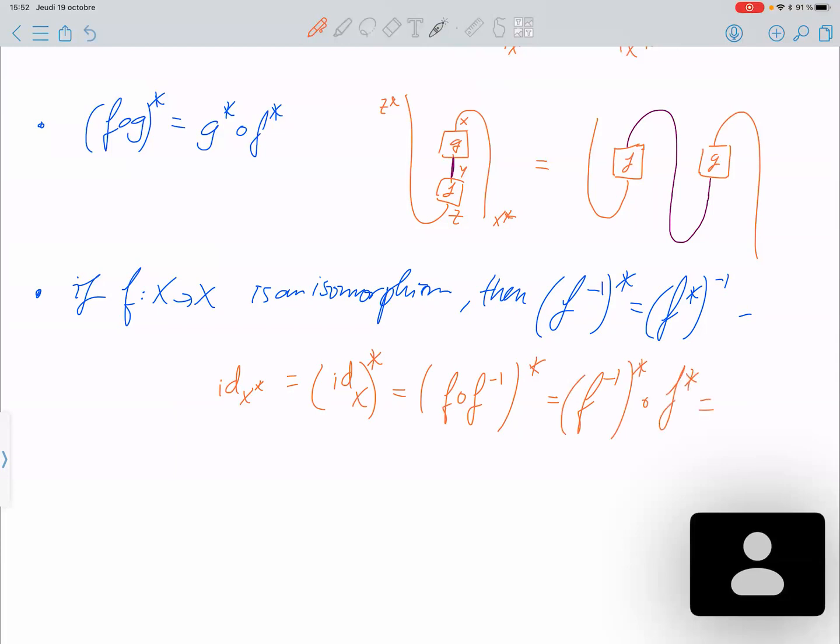And that's all. So you have this is inverse of this. So F star inverse equals F inverse star.